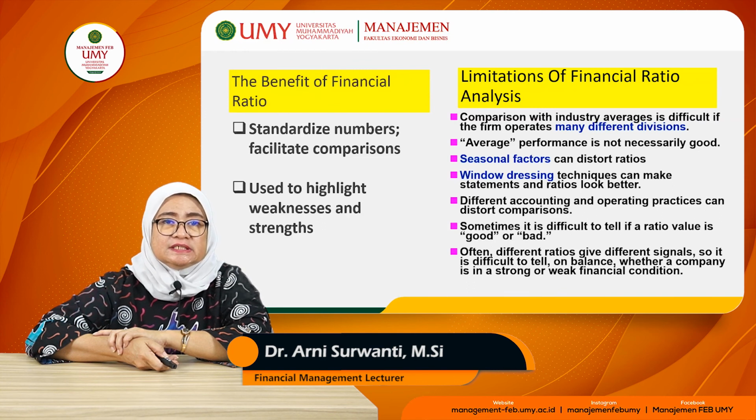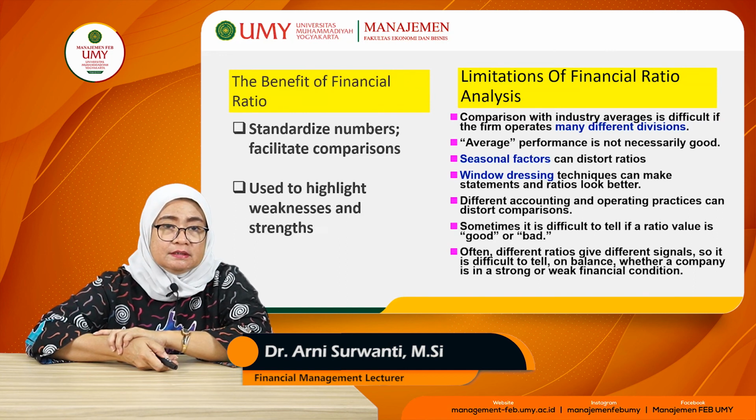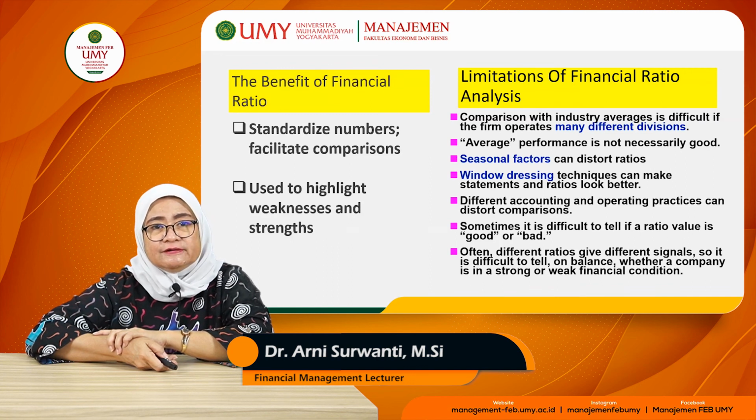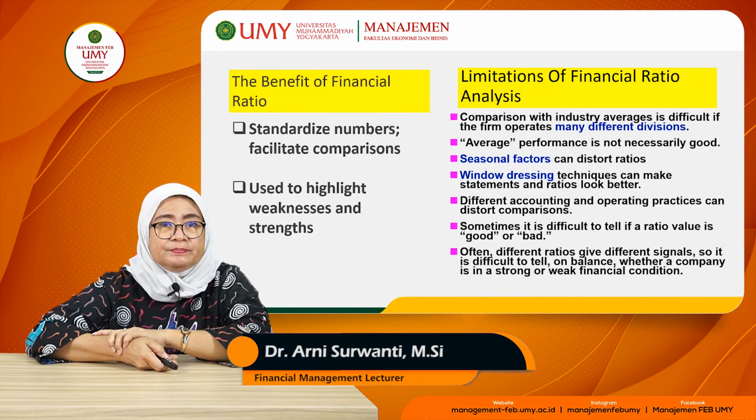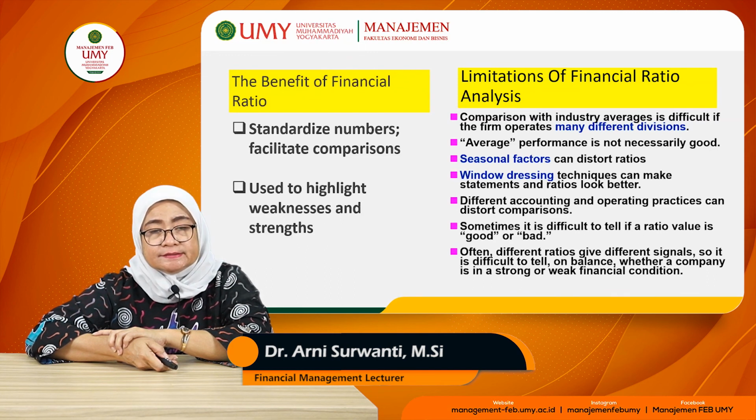Sometimes window dressing techniques can make statements and ratios look better, and different accounting and operations can distort comparison. Sometimes it's difficult to tell whether the company has good or bad performance. Sometimes different ratios give different meanings, so it's difficult to tell whether the company is in a strong or weak financial condition.